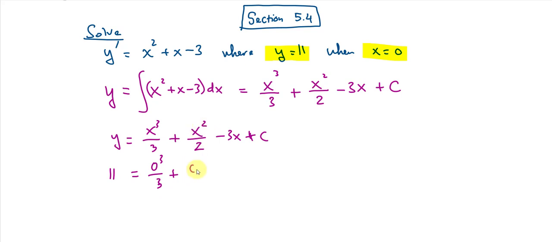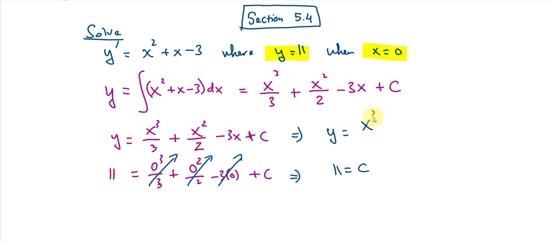So 0 squared, minus 3 times 0, plus c, and you can see that all the 0 terms cancel out, and I'll get back 11 equals c, or the c value is 11, and now I can complete my equation.